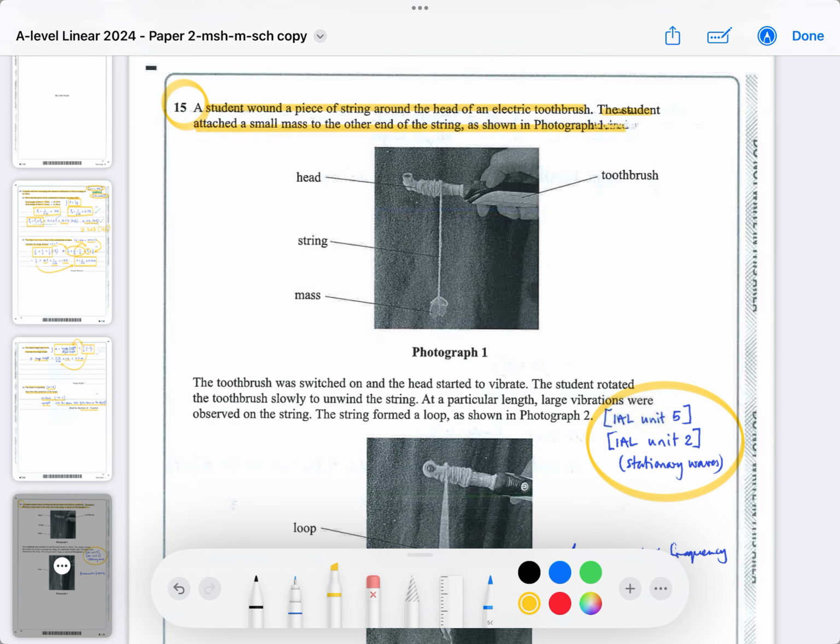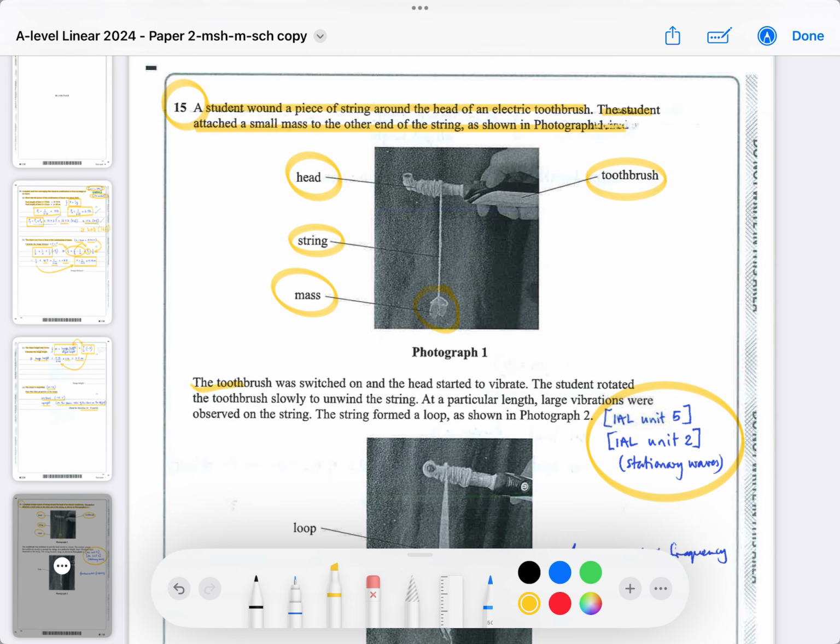So presumably this is the small mass, and this is the head of the toothbrush. Oh, I can see it now. There's the toothbrush, and the string seems to be wound up on the head of the toothbrush.